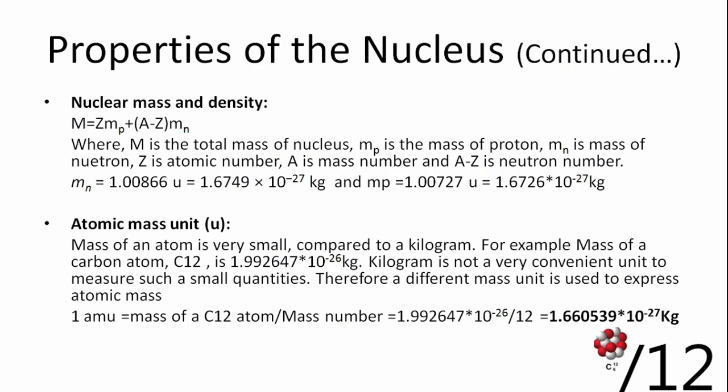Substituting the mass of a carbon-12 atom and its mass number will give us 1.660539 into 10 power minus 27 kg. This is a very important conversion from AMU to kg, and it will be very helpful when we are solving problems.